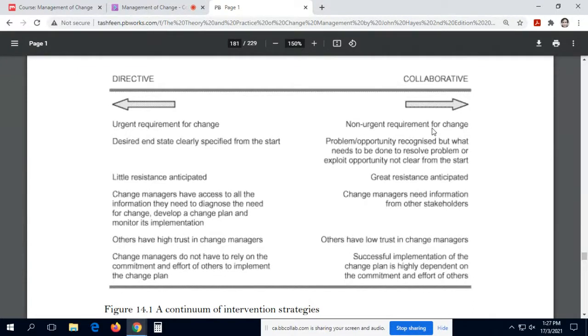For example, your group work, was it urgent or non-urgent? It was non-urgent. You were given some time, a month ago or 1.5 months ago, some courses 2 months ago, to look into your group work. So it is not urgent. It has some time span.